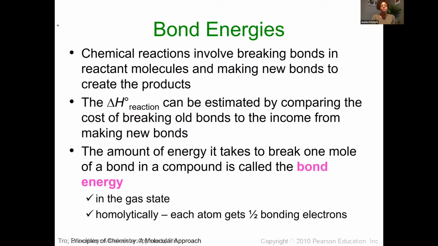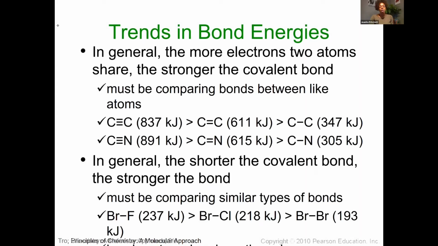The energy it takes to break 1 mole of a bond in a compound is what we call the bond energy. There are trends here too. The more electrons the 2 atoms share, the stronger the bond. If I have a triple bond, the energy needed to break or create it is much higher than for a single bond.